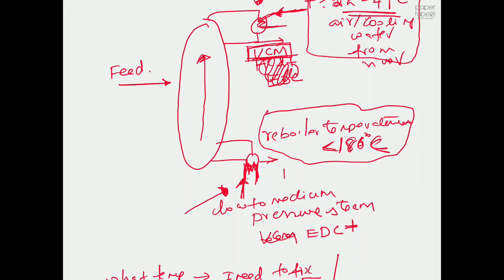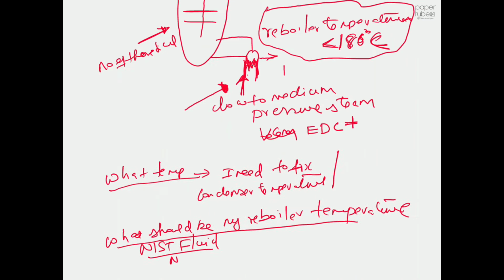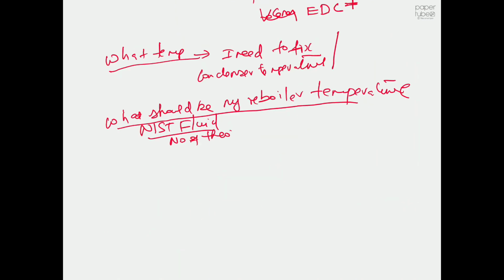And apart from that, we also need to know which stage your feed enters, and how many stages there are in the distillation column. So number of plates, number of theoretical stages.